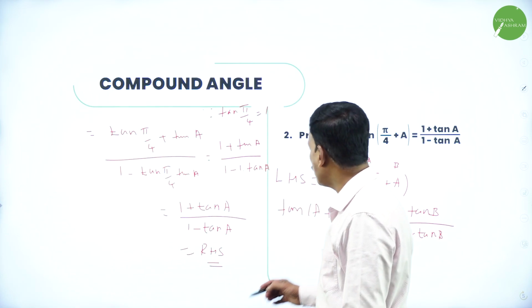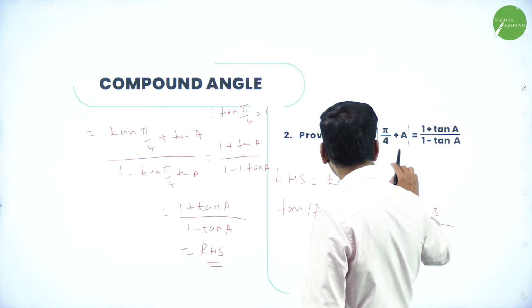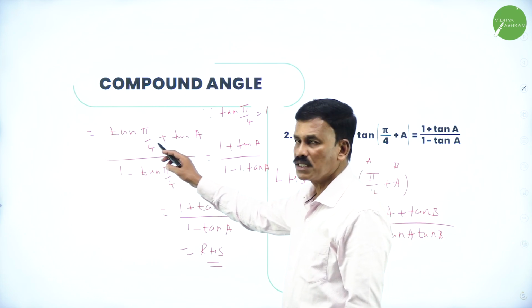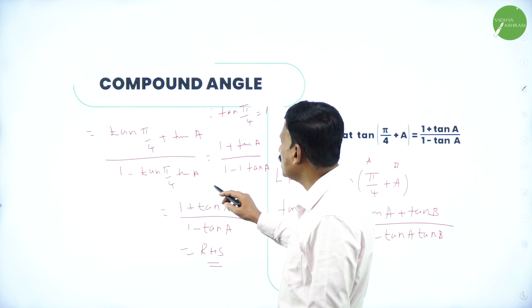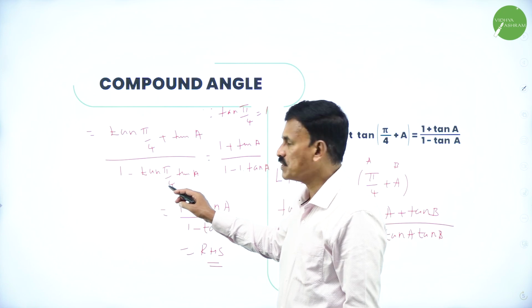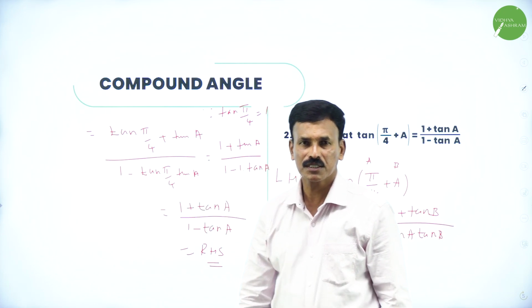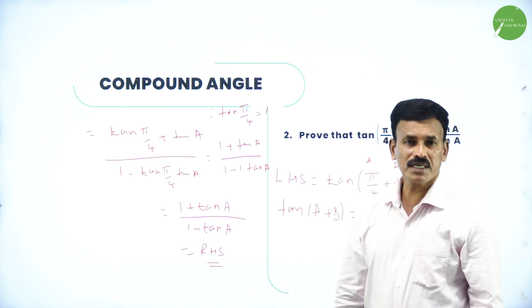Just substitute the value of A as pi by 4 and B as A. Hope you followed. Now move on to the next problem.